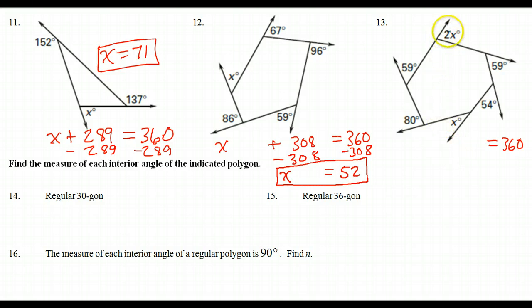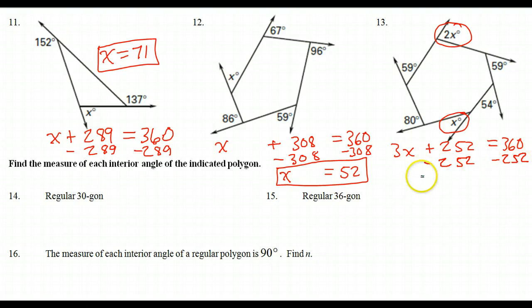Okay, last one. I've got 2 expressions with x, so I will put those together, and that makes 3x. Now if I add these other 4 angles together, I get 252. Now if I subtract 252 from both sides, I get 3x is equal to 108.